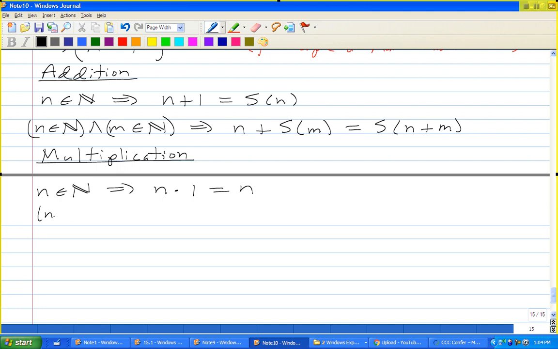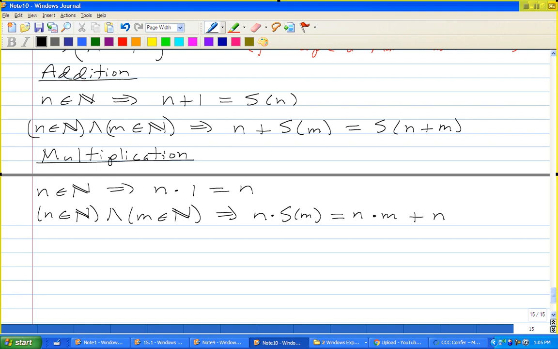If n is a natural number, and if m is a natural number, then I'll define n times the successor of m, so that's m plus 1, as n times m plus n. Just thinking of the successor of m as being m plus 1.